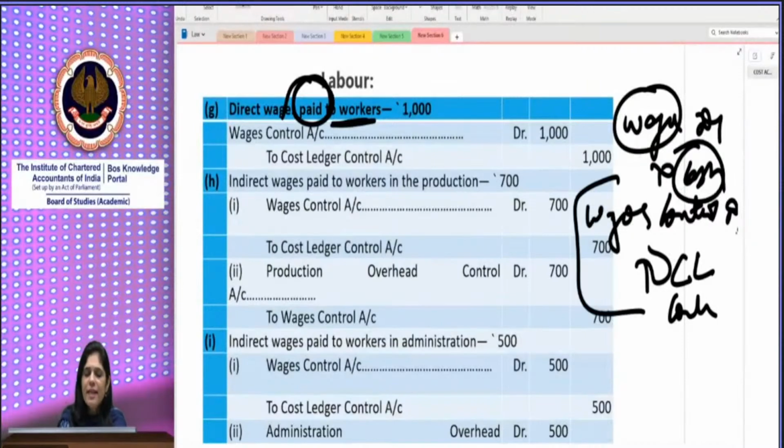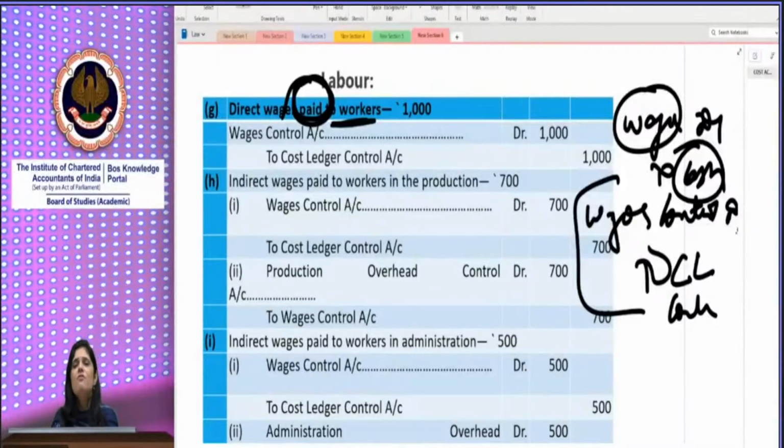Whatever we have to pay, something which is coming from outside, that expense we first have to pay or incur. It has to make an entry into the cost accounting system, and to make an entry it has to route through the cost ledger control account. I'm repeating: any expense has to come into the cost accounting system.